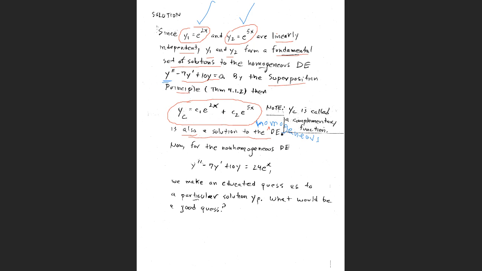You'll see that they are solutions to that homogeneous differential equation. Well, being that's the case, if we wanted a general solution to the homogeneous differential equation, all we need to do is take a linear combination of y1 and y2.